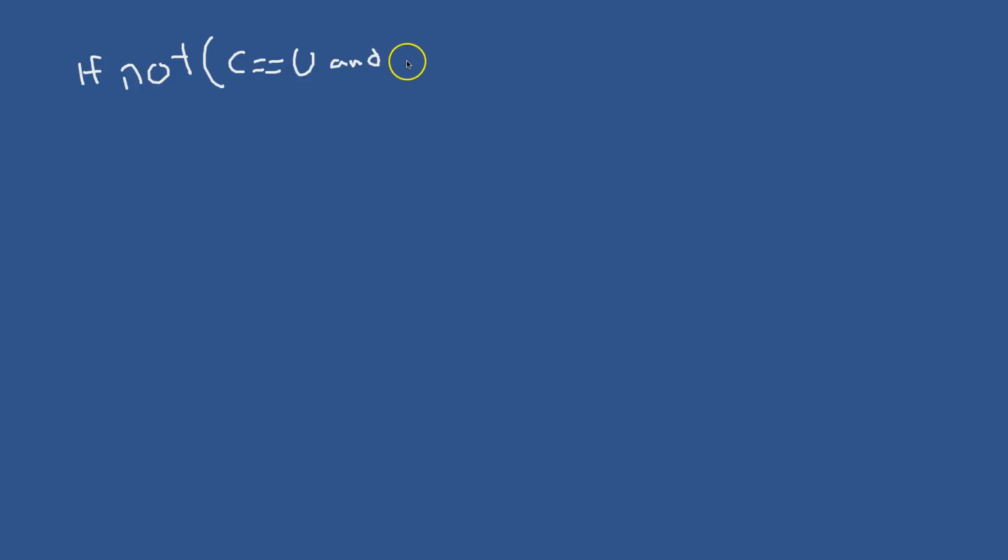So if the country equals the USA, and I'm going to abbreviate state as S here, and if the state is not equal to Alaska and the state is not equal to Hawaii, then we're going to charge the high price for shipping.